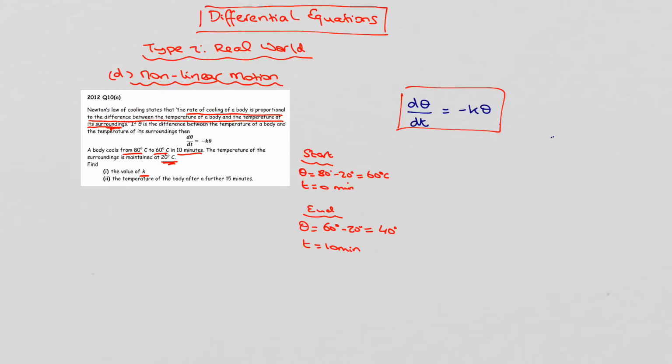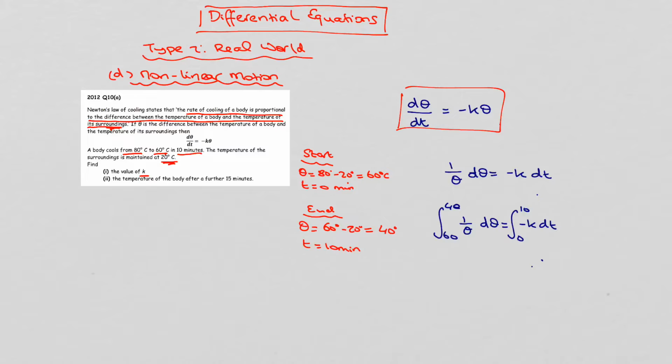Okay, so let's have a look then at our equation. So we're going to rearrange that. So we're going to have 1 over theta d theta is equal to minus k dt. If I put in my limits, upper limits are my end limits, sorry, this should be 40, and lower limits are my start limits, which is 0.